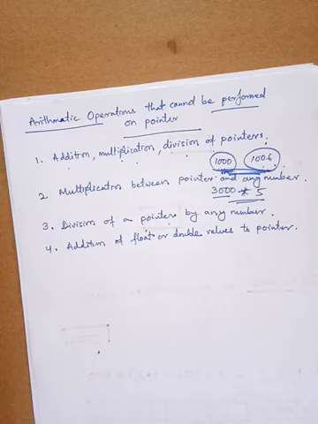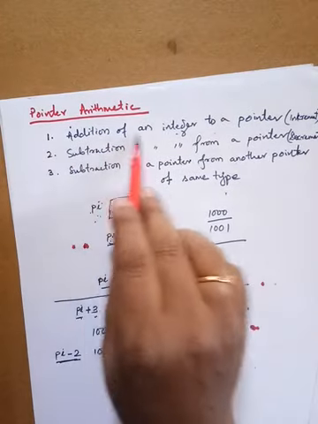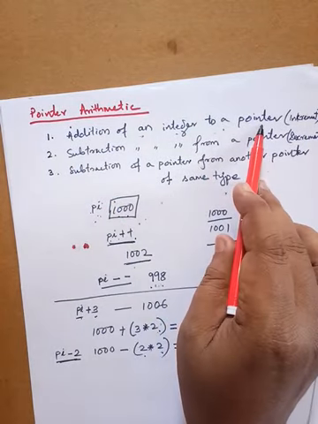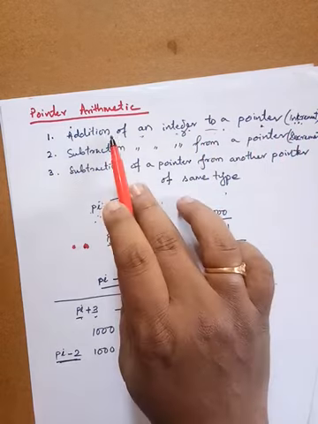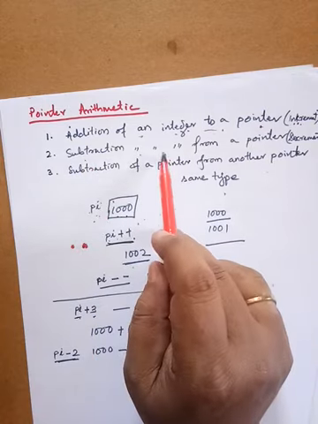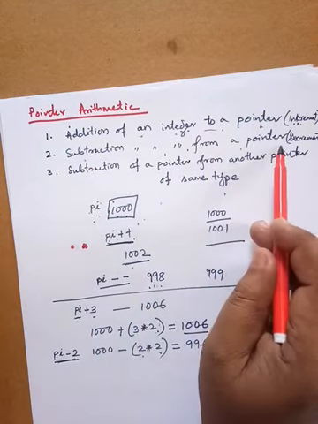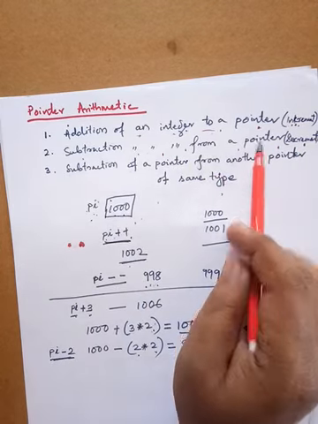So we have discussed the different arithmetic operations that are performed on pointers. The operations are addition of an integer to a pointer, like increment, or any integer can be added to the pointer. Second one is subtraction of an integer from a pointer, or decrementing any value from the pointer.